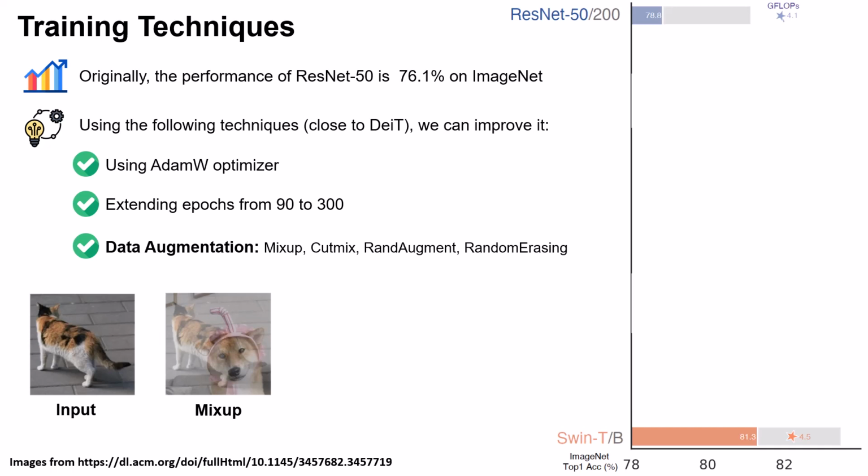Assuming that the cat has label 0 and dog has label 1, then the label depends on the weight that we add the dog image to the original image. So as you can see, for example, in this scenario, since half of the pixels are coming from the cat image and half of the rest are coming from the dog image, then the label, instead of being 0 or 1, would be something such as 0.5.